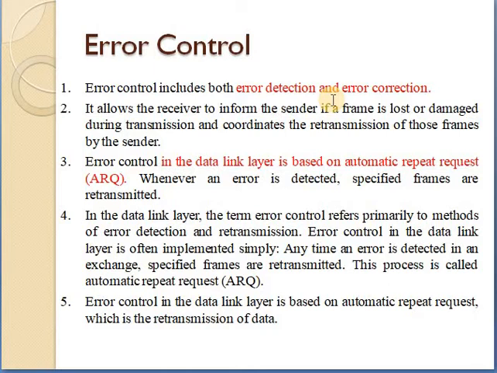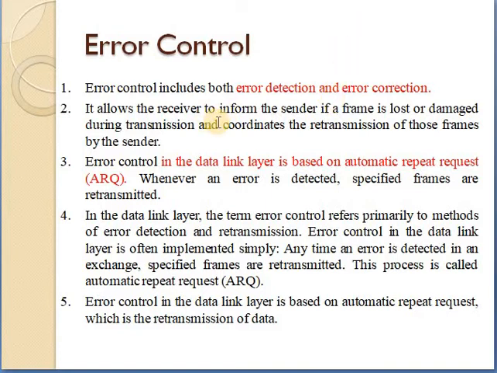In the data link layer, error control refers to methods of error detection and retransmission. Error control in the data link layer is to maintain that the frames being transmitted and received are in sequence and to make sure the frames haven't been distorted due to transmission errors.